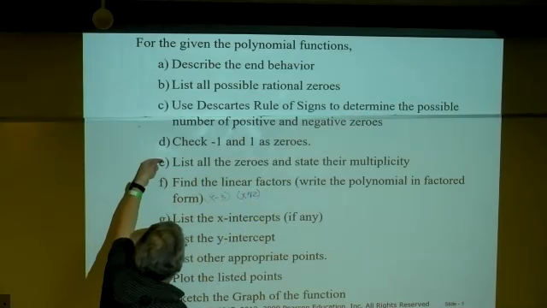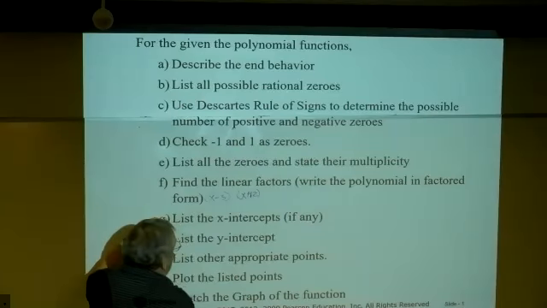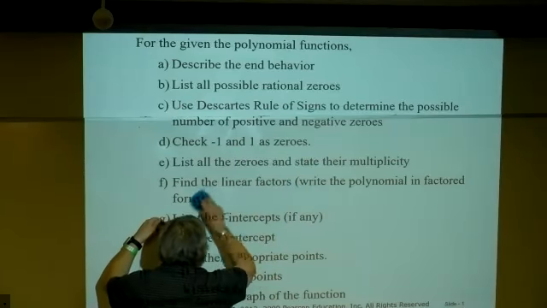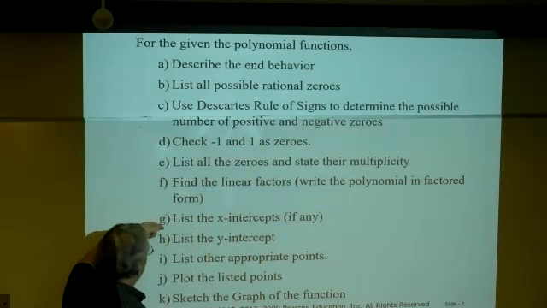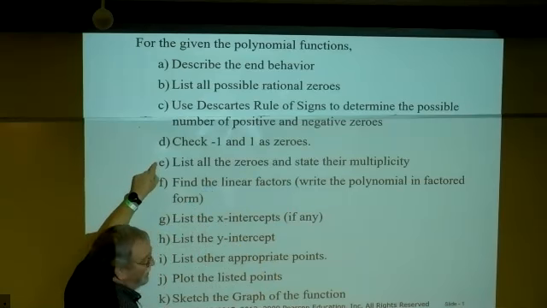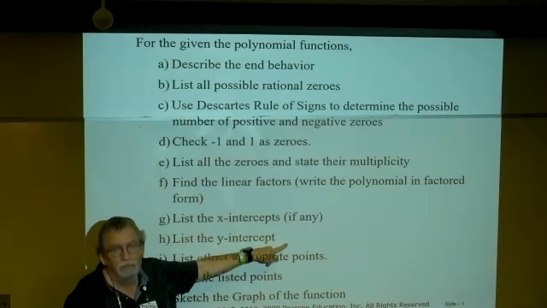So as you're finding one of these, you're finding all three of them. The process I go through, we end up factoring before we find all the zeros. And then this is the easiest one to find. It's the constant.